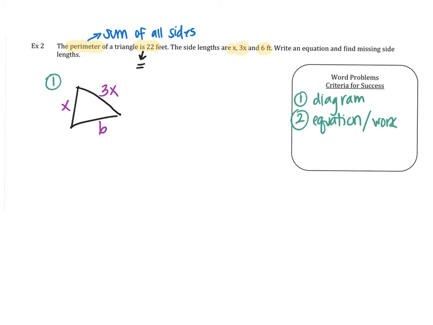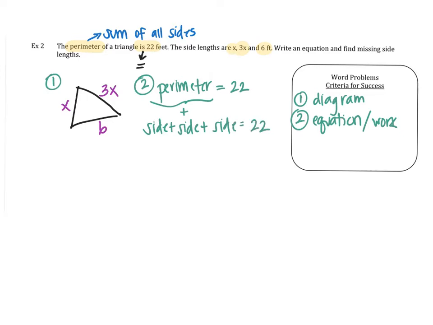Step 2 is we're going to write an equation and show some work. So let's think about this in words. In words, I know the perimeter is 22. Remember we said perimeter is the sum, so we're going to be adding up our side lengths. In this case, I have a side plus a side plus a side equals 22.